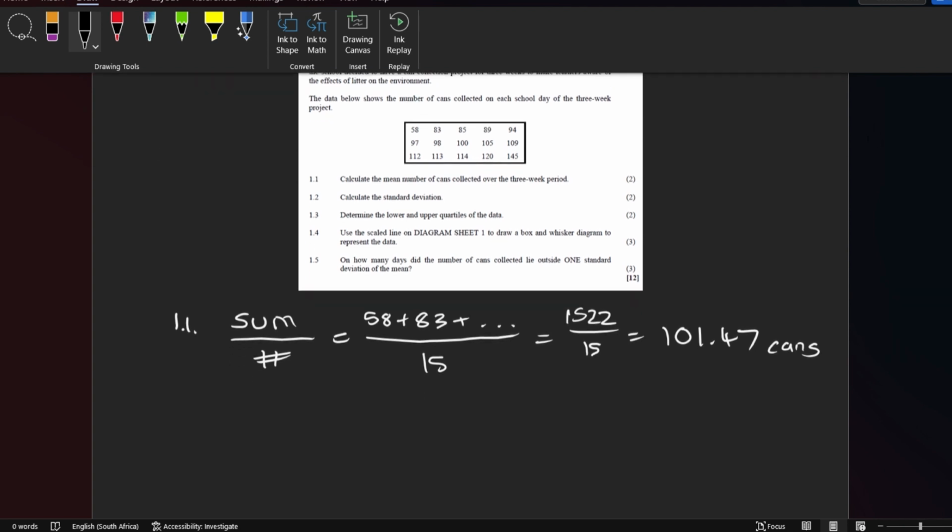Question 1.2 asks us to calculate the standard deviation. So for standard deviation, we use our calculators. They don't ask us to calculate it manually, so you'll use the stats function on your calculator. Just click mode, click number 3 for stat, and the first option, 1-var.